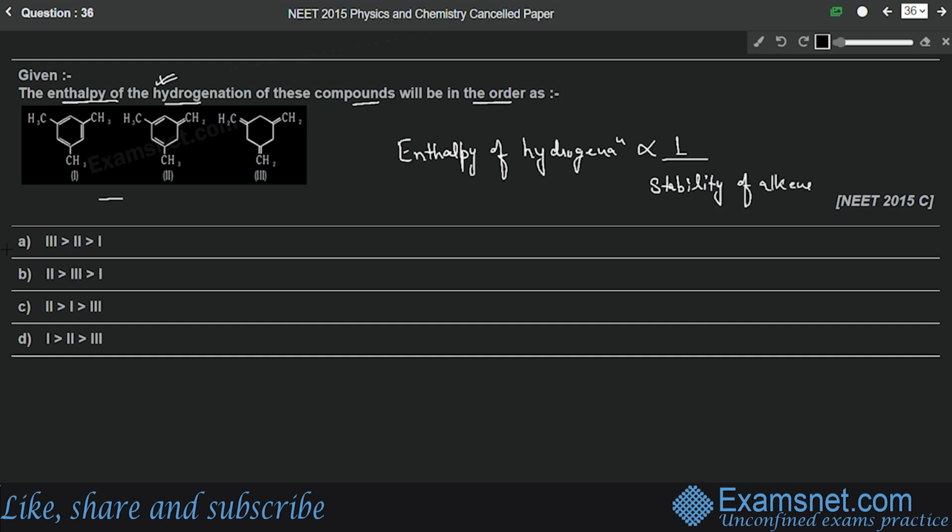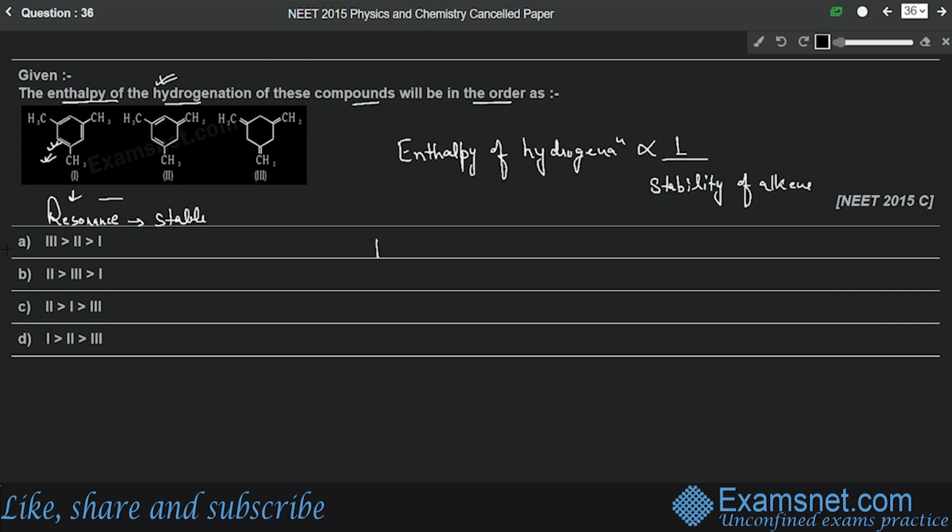So the less stable or the least stable alkene will have highest enthalpy of hydrogenation and the most stable alkene will have lowest enthalpy of hydrogenation. Okay, so here if you look at the structures, in the first one we have a benzene ring, so there is resonance in this case. Okay, and due to resonance this will be very stable. In fact, out of the three structures, this one will be the most stable.